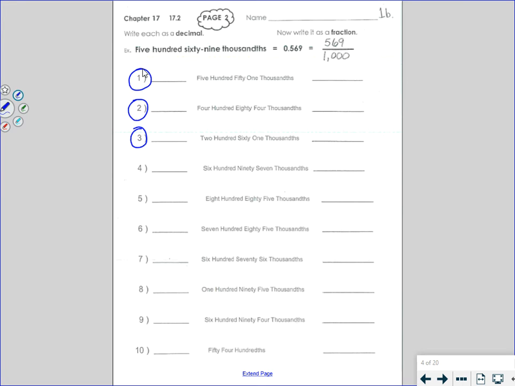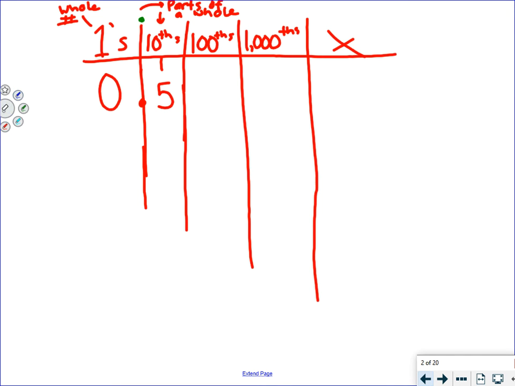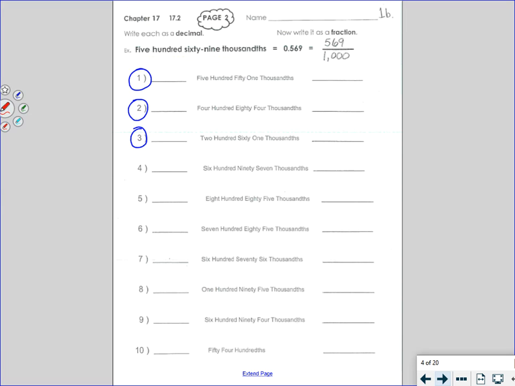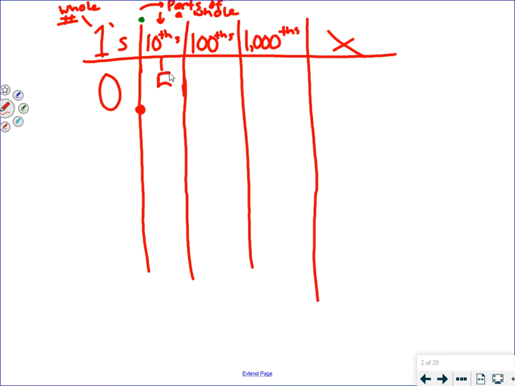So 551 thousandths. So if we go back here, okay, I'm going to erase this super quick. Draw us a new one. Okay. So our question was 551 thousandths. So notice how they have to fill in the place value. 551 thousandths because it ends in the thousandths place value.